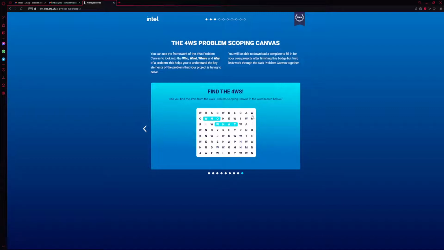So look for the things that we've just been doing. Who? What? Where? So we need to look for the word where. You've probably already found it by now. It's got to be somewhere around here.